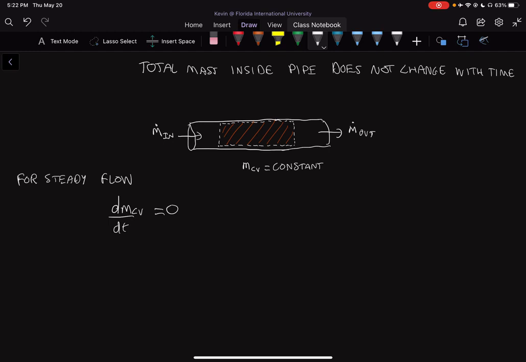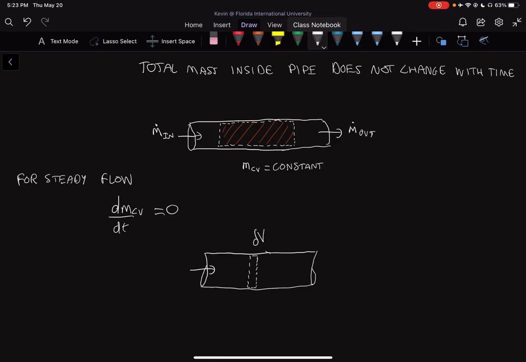So we have this pipe, okay, and through this pipe, we have a little piece here that's going to be called a differential volume.